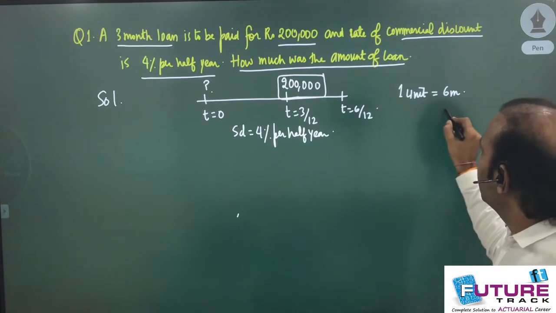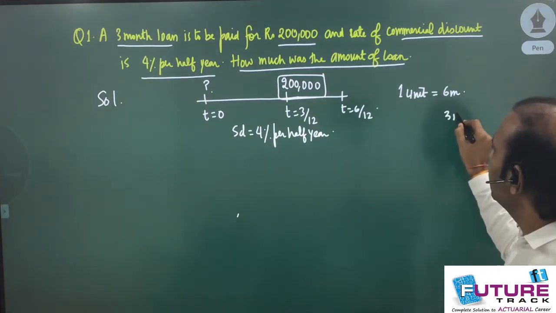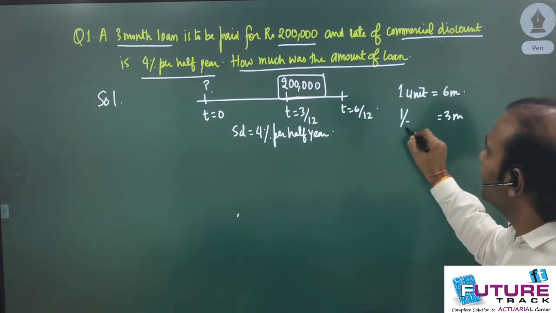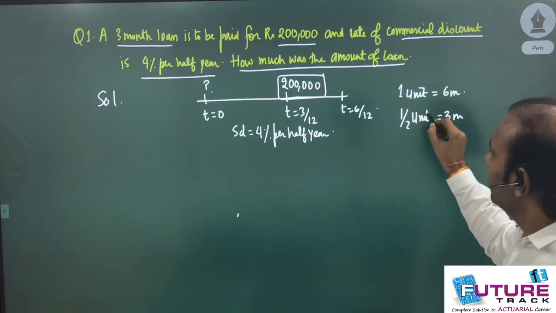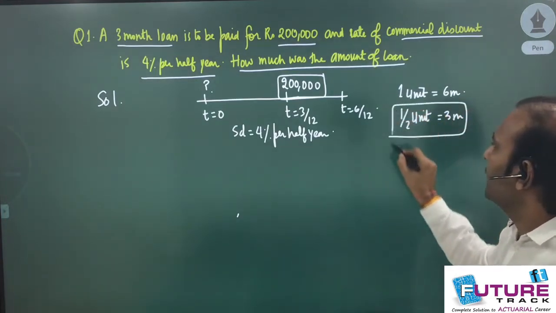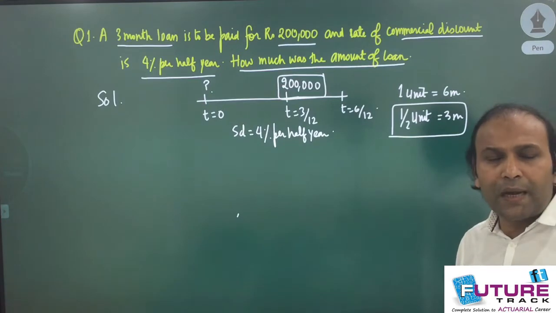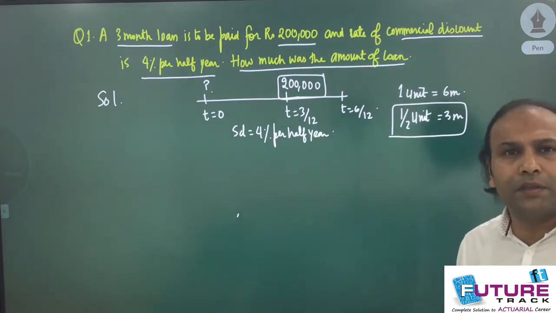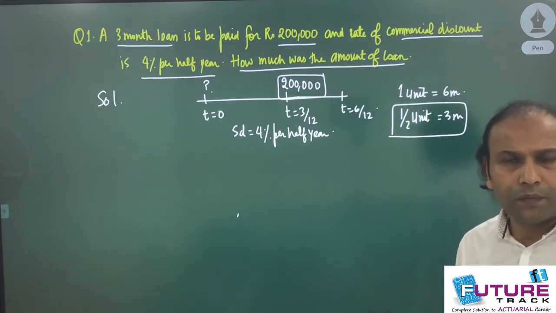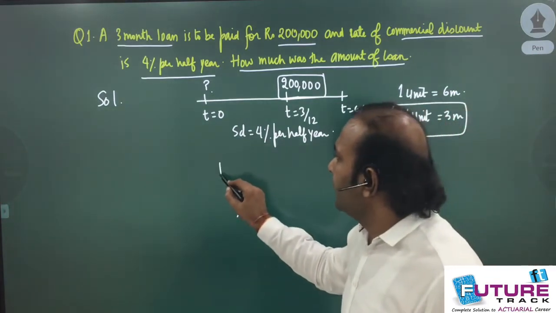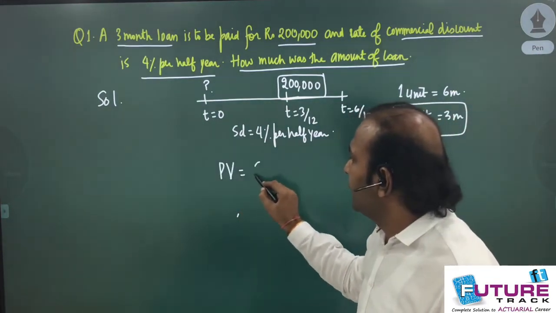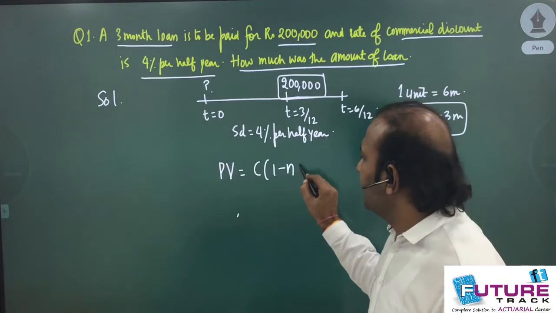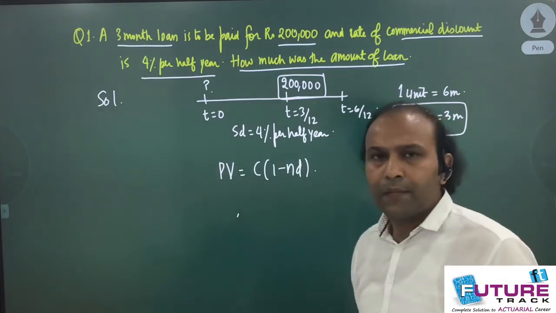So this is what? 3 months. So this means half unit is there, right? मैंने पहले बोला था टाइम एंड इंटरेस्ट की यूनिट सेम होनी चाहिए, कोई भी रेट ऑफ इंटरेस्ट हो. तो we have already seen present value का फॉर्मूला क्या है, C(1 − ND), right?